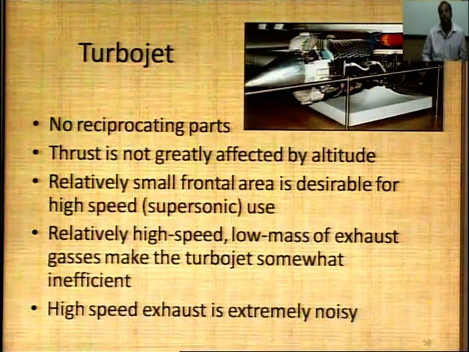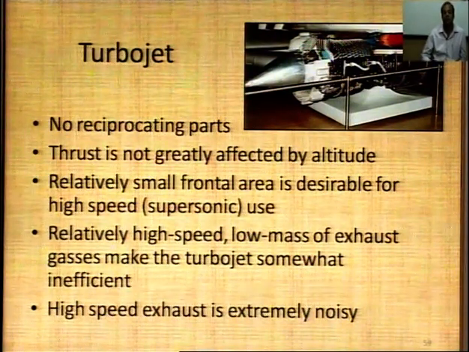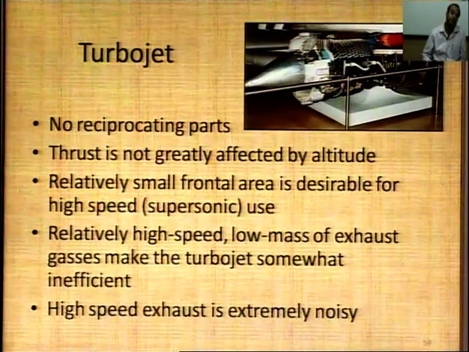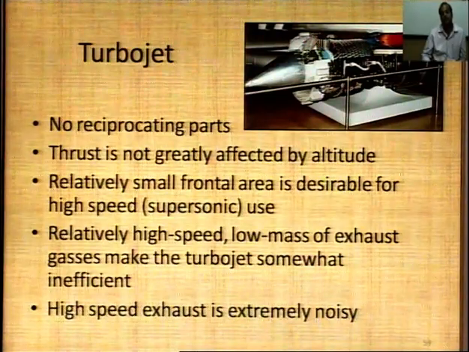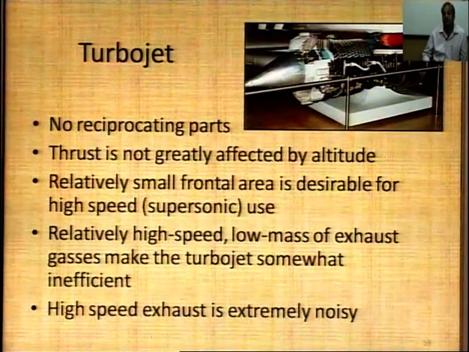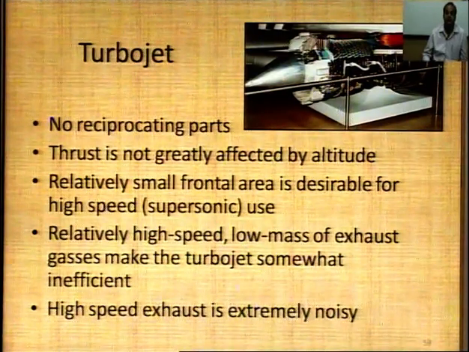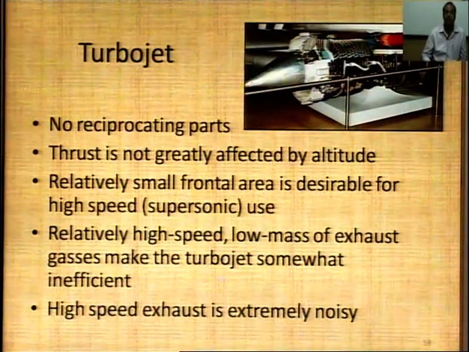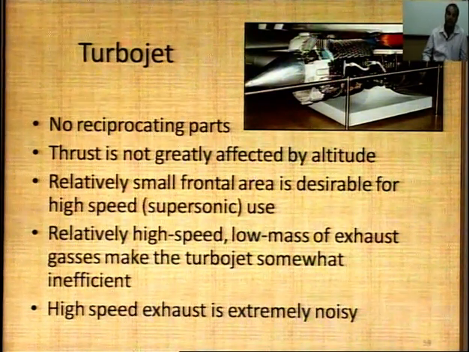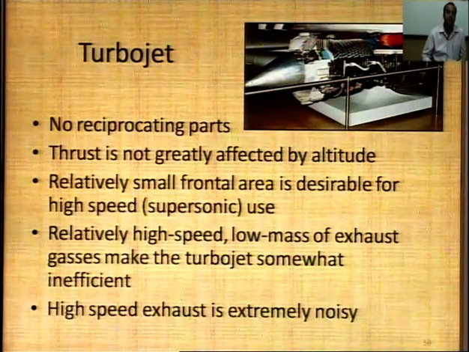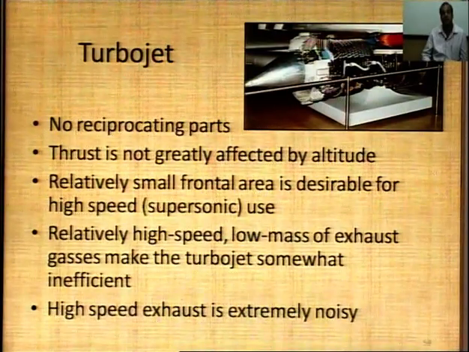Relatively high speed, low mass exhaust gases make the turbojet somewhat inefficient. And the last is high speed exhaust is extremely noisy. Noisy, this is the major drawback of the turbojet engine. Also, we have discussed this in the previous slides. These are some advantages and disadvantages of the jet engine.